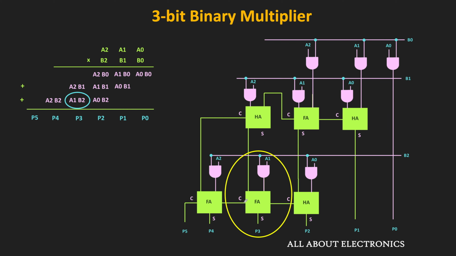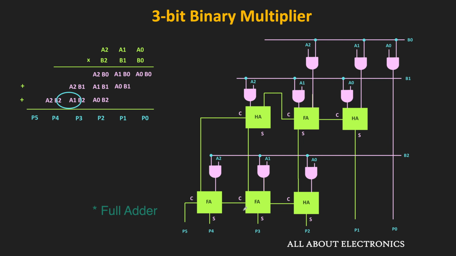Now here we need a full adder because there is a carry from the previous stage. That means the carry generated from the previous stage will act as a carry input for this full adder. So the sum output of this full adder will act as a P3 bit, while the carry generated during the summation will be given to the next stage. So basically, that will act as a carry in input for the next stage.